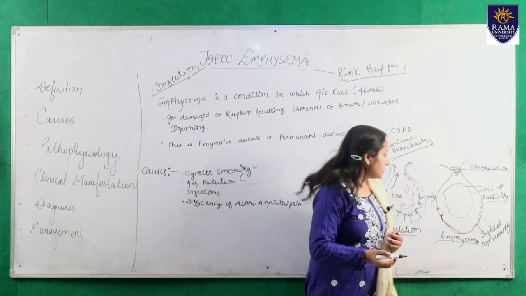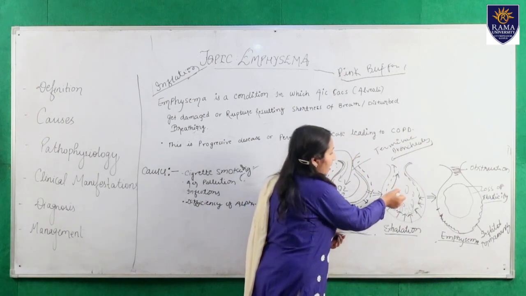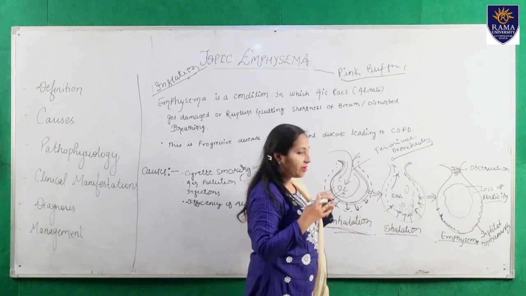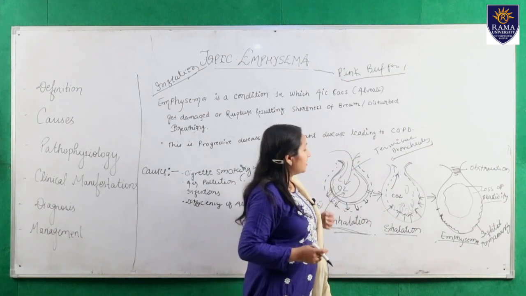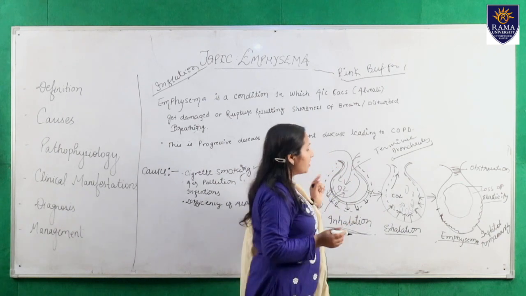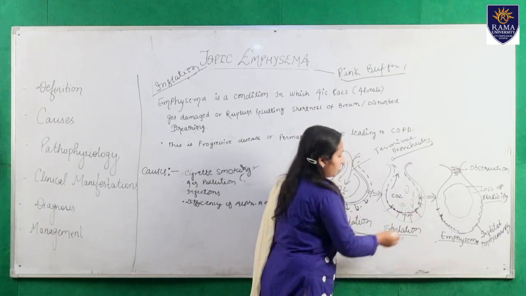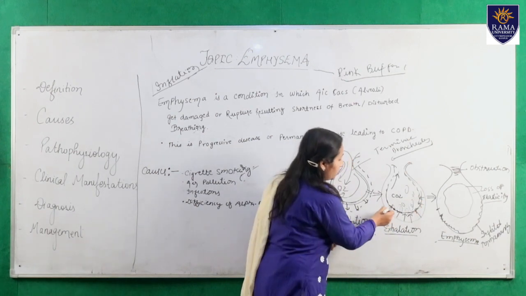In exhalation, the air goes outside of the respiratory tract, the CO2 going out through the nose. This wall retracts and reduces its size due to the elasticity.